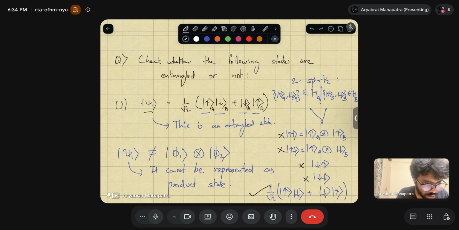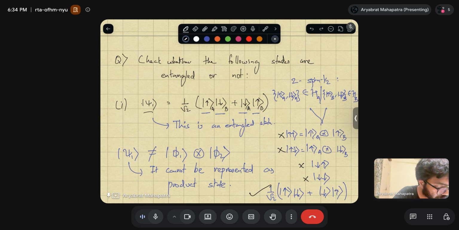Suppose I take another spin half system, so I take two copies of the spin half system. I have one spin half system which can be represented by upstate and downstate, and I'm denoting that by, let's say, some index A. For now you can just note it as A, and we'll write A and B for two different observers, Alice and Bob.